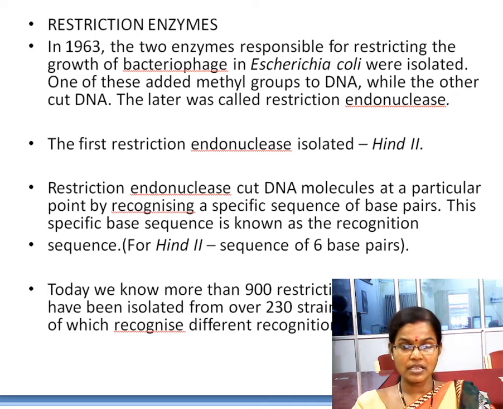Hamilton Smith is the name of the scientist who discovered the restriction endonuclease enzyme, in the bacteriophage and also in the E. coli.